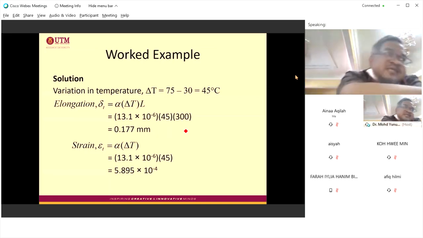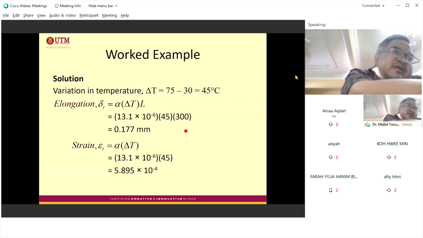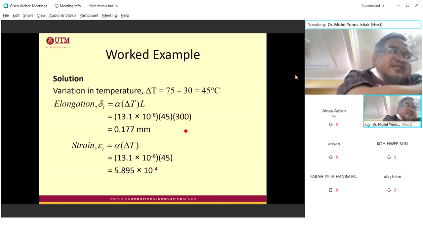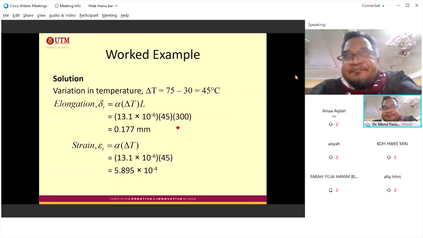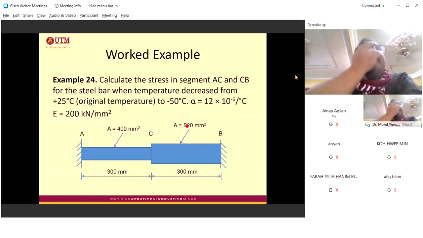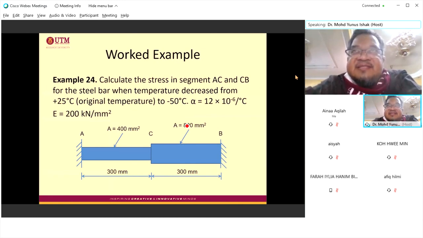Okay, we use this knowledge on the structures now, composite structures. Calculate the stress in segment AC and CB for the steel bar when temperature decreases from 25 degrees to negative 50.